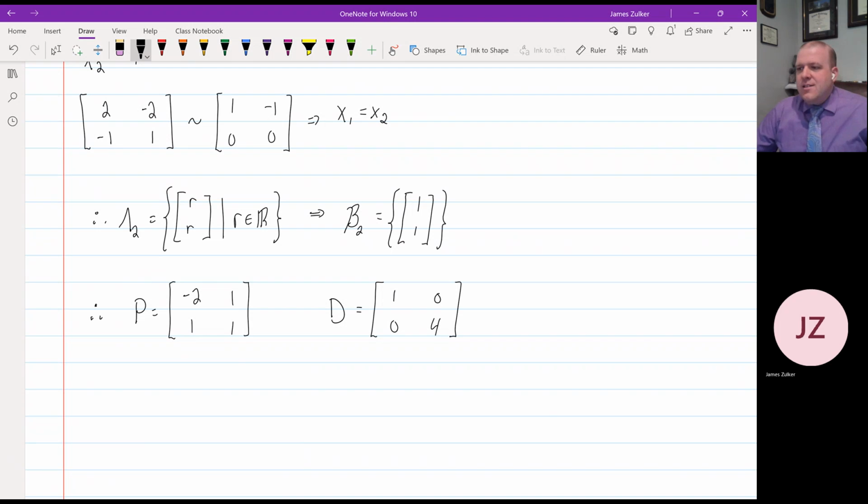Let's now look at this 2 by 2. Of course, this means that we'd be able to write our matrix as, so remember, and I believe it's that form.